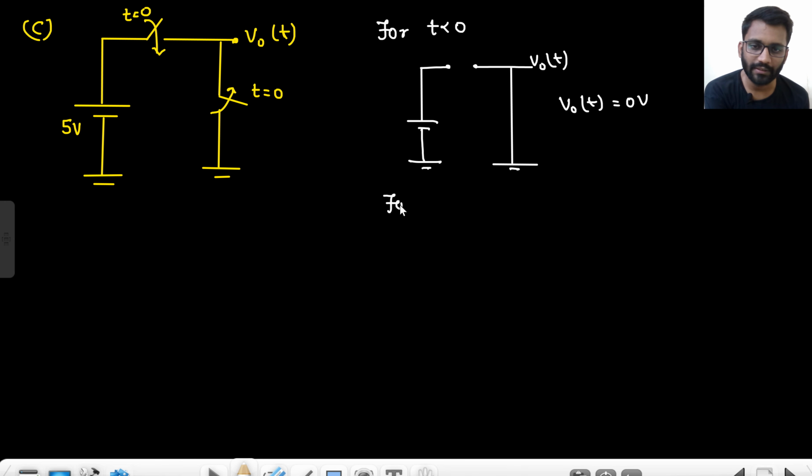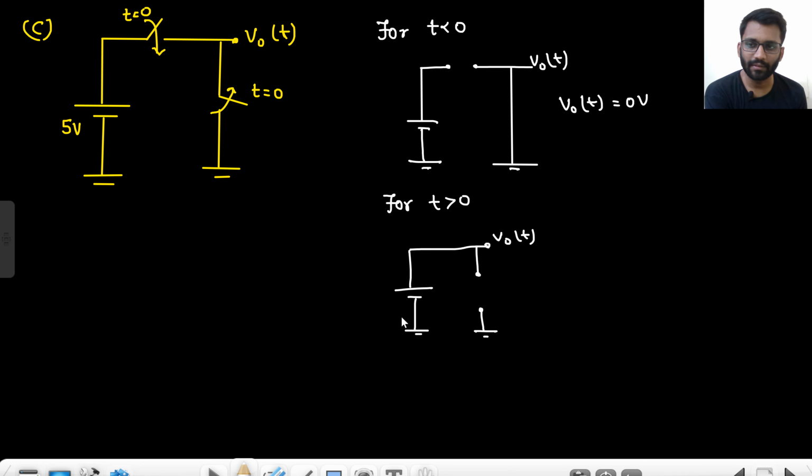And for t greater than 0, what is happening? This switch will be open, this switch will be closed. This will be your direct V naught T. So basically this node is 5 volt, this node will also be 5 volt.